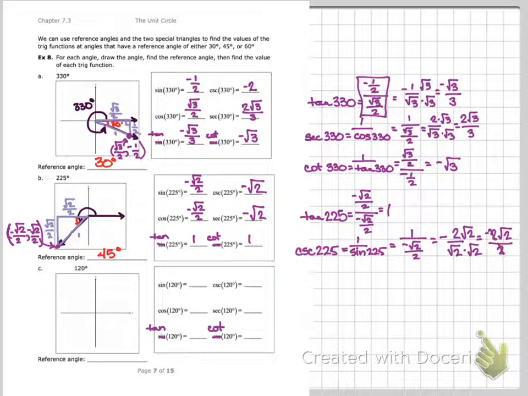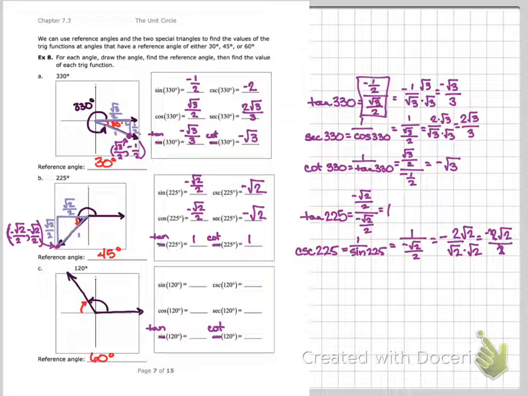Here is our very last one. Here's our 120 degree angle, which means our reference angle is the other bit that we need to get to 180. So our reference angle is 60 degrees.